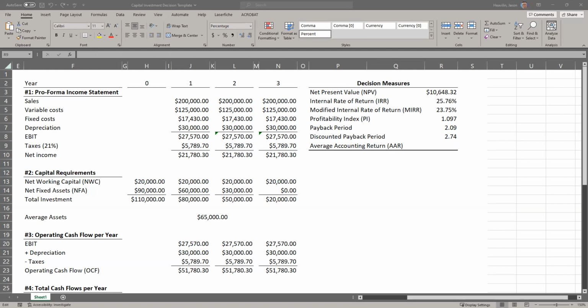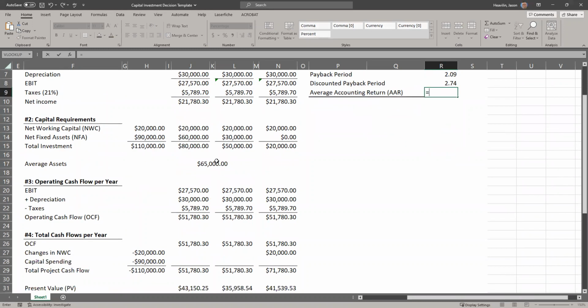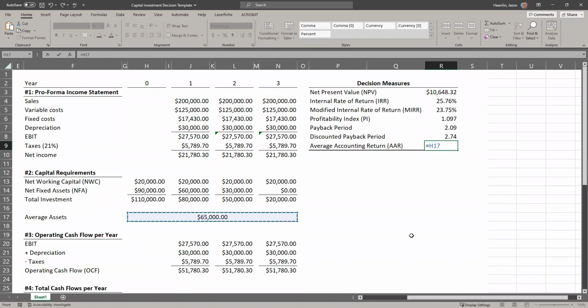This one here is actually a lot simpler. And all we're going to do is we are going to take that average assets that we calculated earlier, and we're going to divide it by the net income in this case.